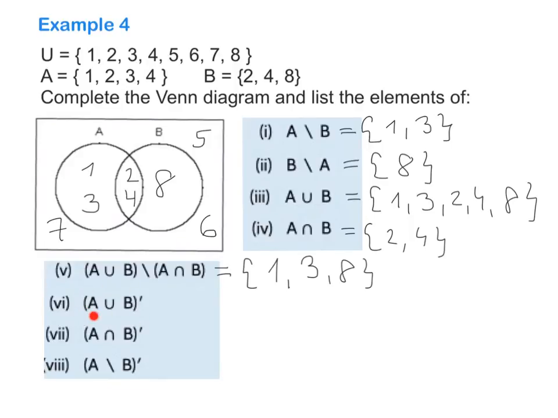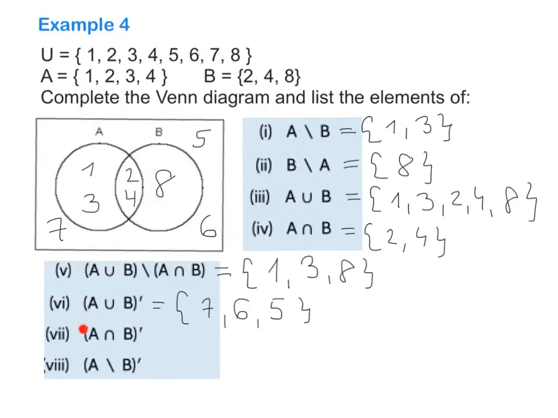Now we have A union B complement, and the same, A union B, everything in A and B. So complement, this little comma on the top, means outside the union. So outside the union we have 7, 6 and 5. Okay.